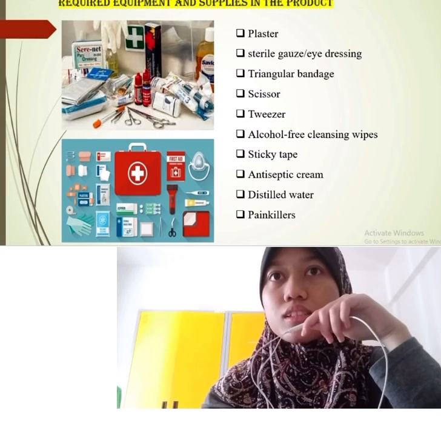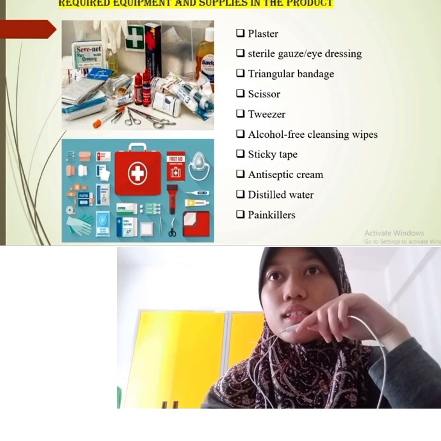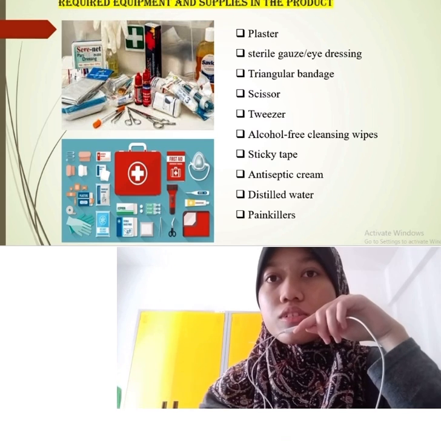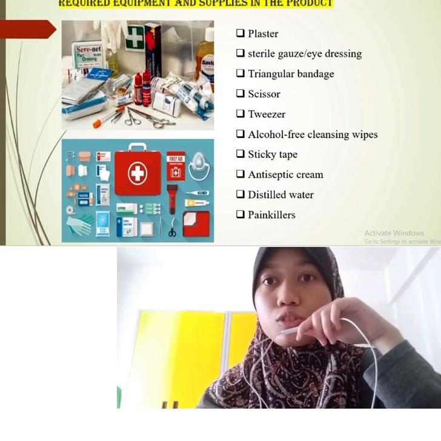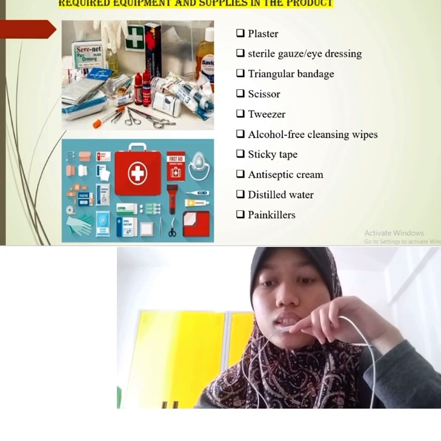Today I will present the required equipment and supplies in the product, which you can see here. There is the basic equipment that is used in the first aid kit. First we have plaster, which is used to stop bleeding from minor wounds.